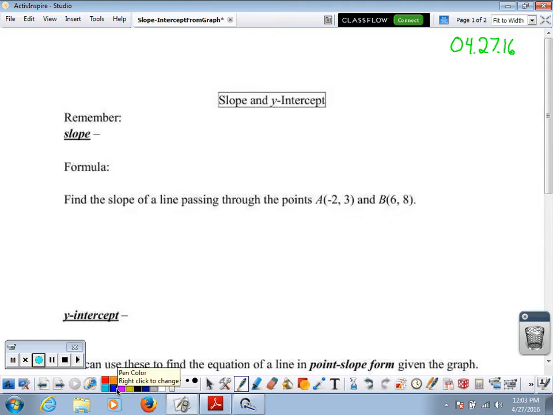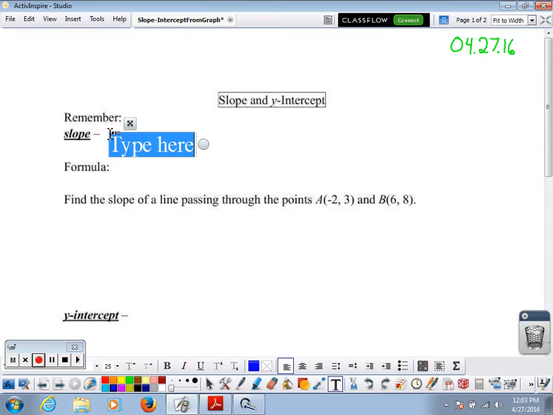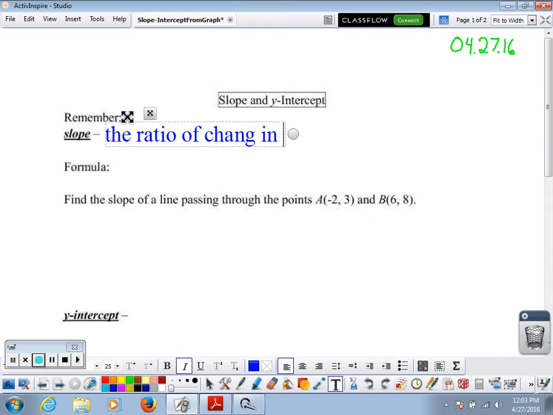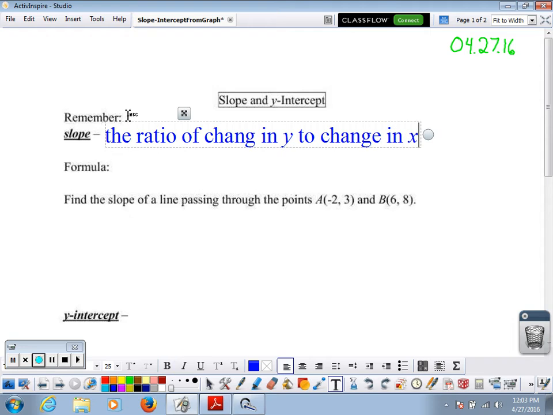On Monday, we started talking about slope. What was slope? How did we define slope? A measure of the steepness of a line, the ratio of change in y to change in x.